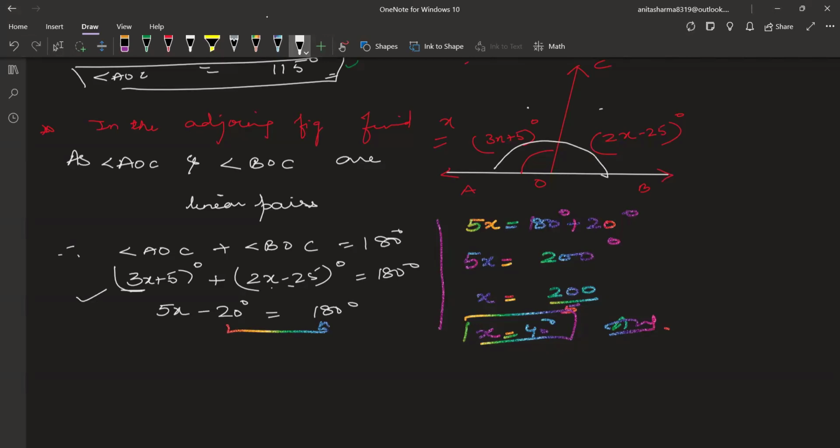So we have written 3x plus 5 degrees plus 2x minus 25 degrees is equal to 180. Now we add like terms: 3 plus 2 is 5x, and minus 25 plus 5 is minus 20 degrees.